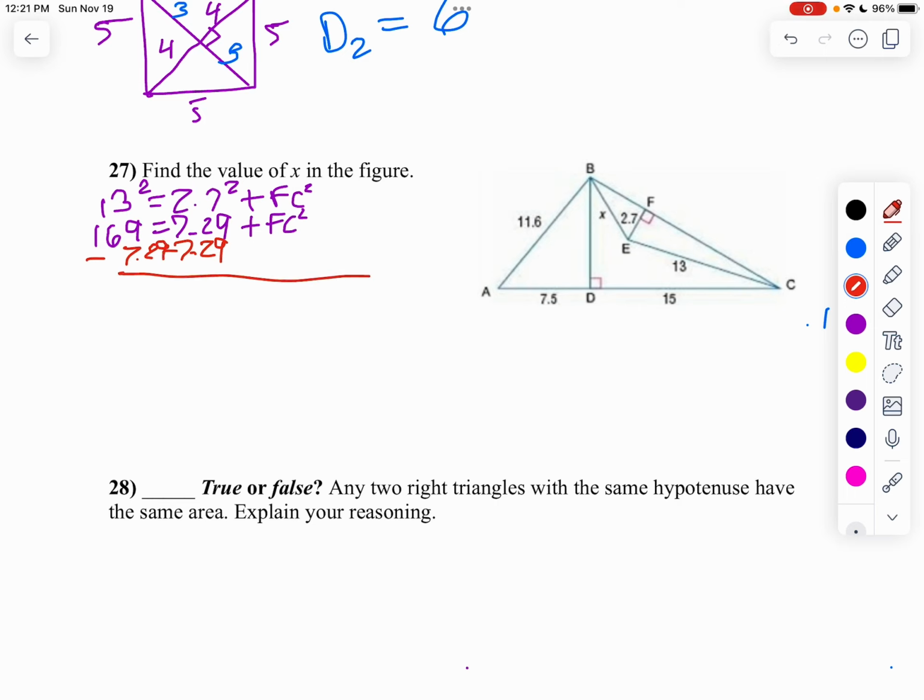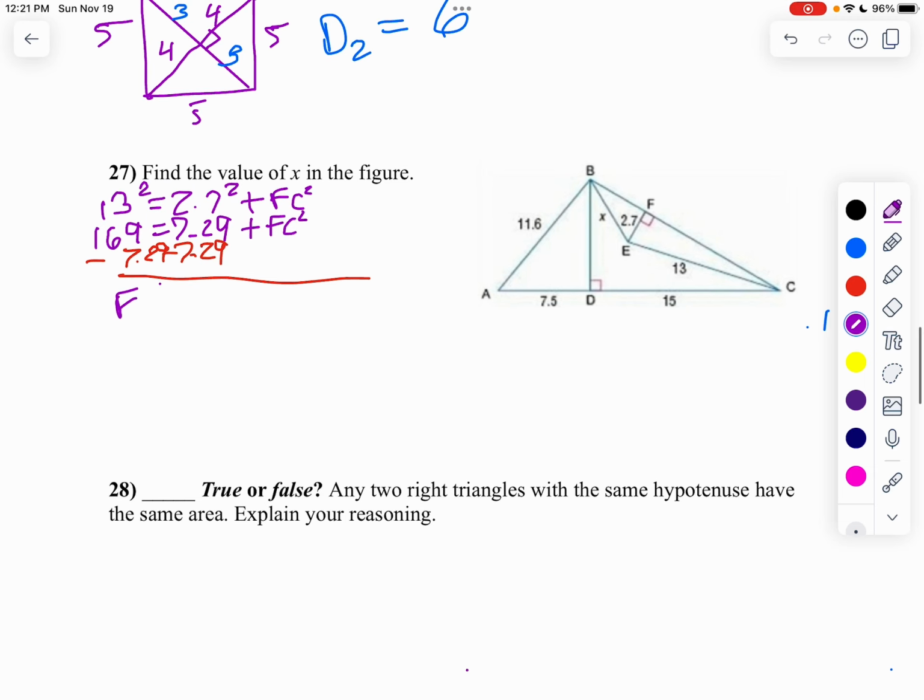FC squared is going to be 161.71. So FC is the square root of 161.71.